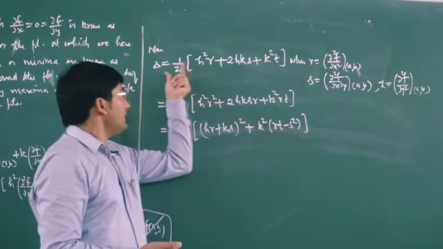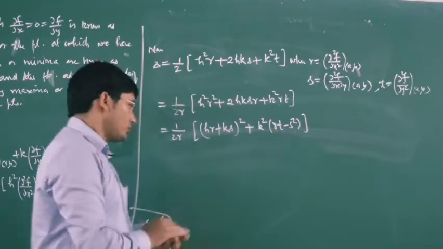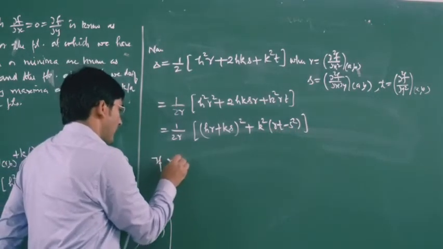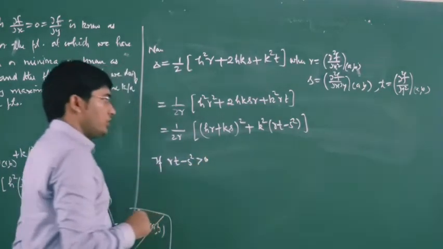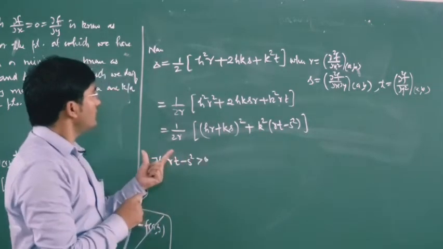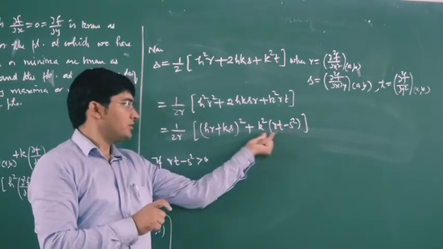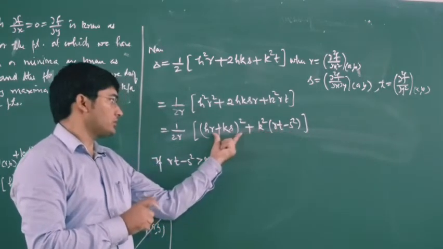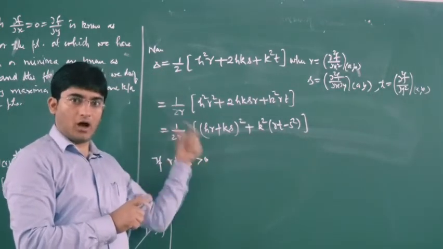Now the sign of delta depends on this rt minus s square. So if rt minus s square is greater than 0, then this is positive, this is already positive, this is positive. Then the sign of delta depends on the sign of 1 by r.